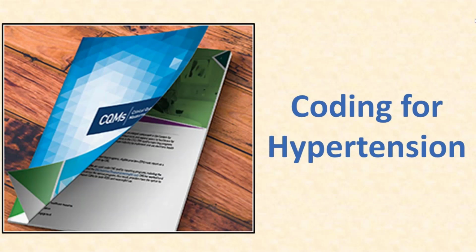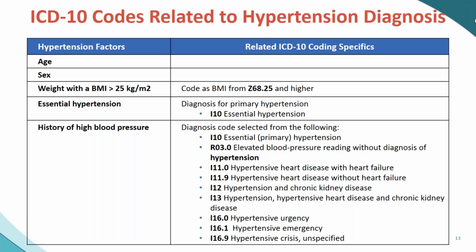The coding for hypertension, as I mentioned, has many codes attached to it now, as opposed to the 3 they originally had planned. But the whole idea is to use the code to tell the story.